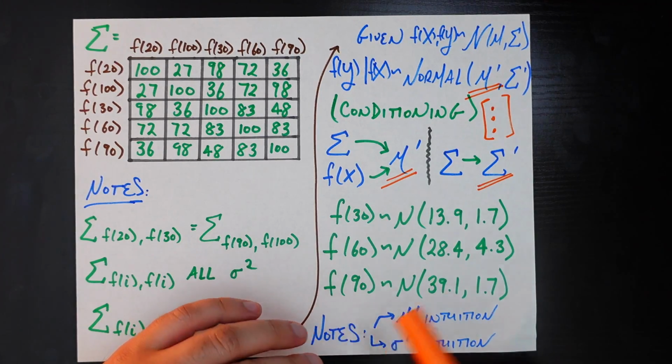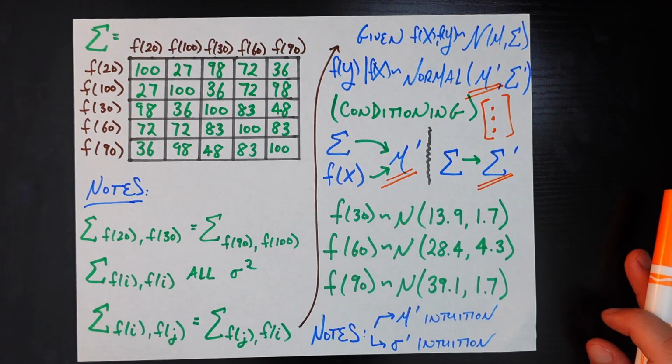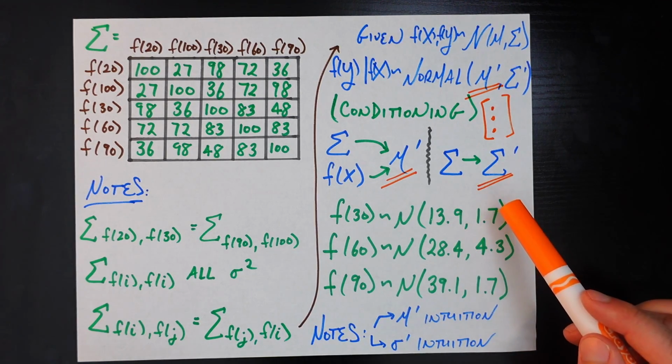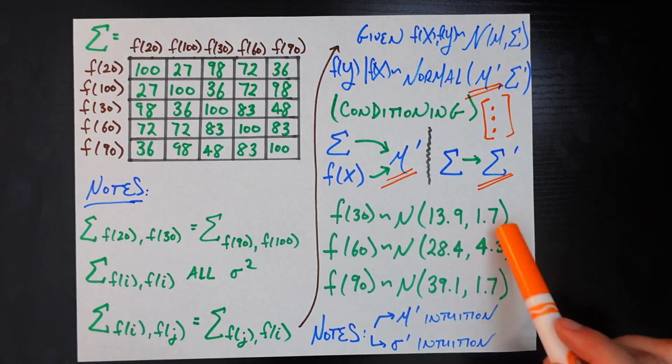And if we do the math, we find that the distribution for the number of fish you can expect at 30 meters down the river is around 14 fish with a standard deviation of 1.7. For 60 meters down the river, it's around 28.4 with a higher standard deviation.